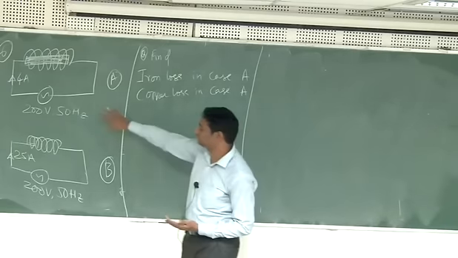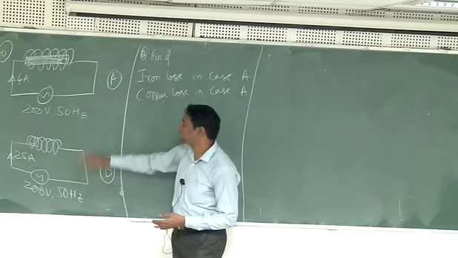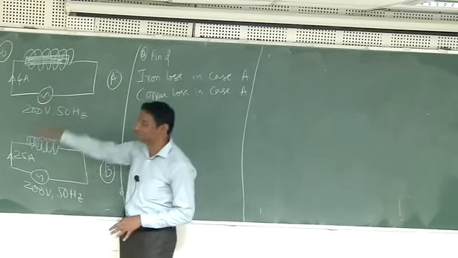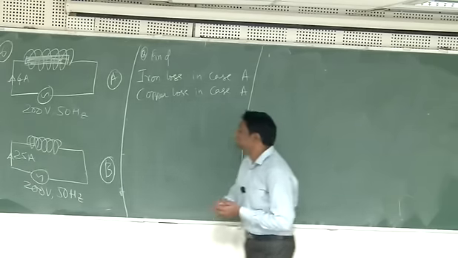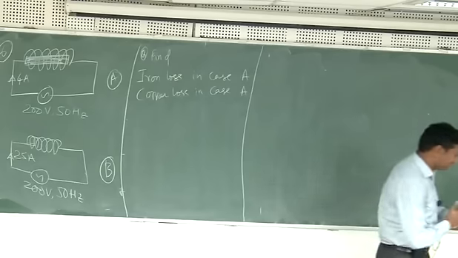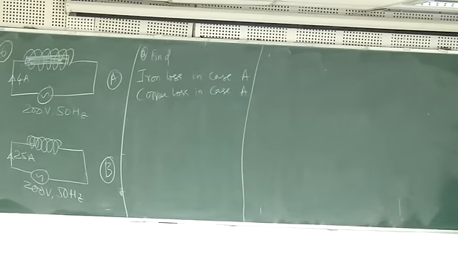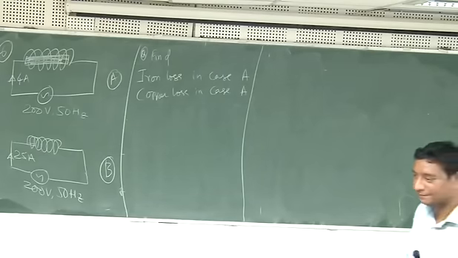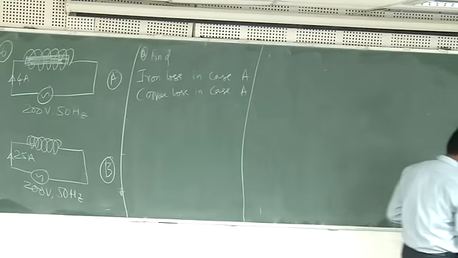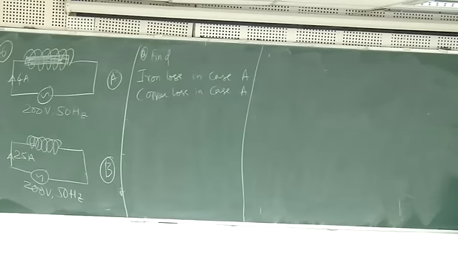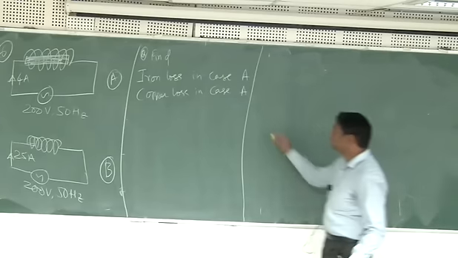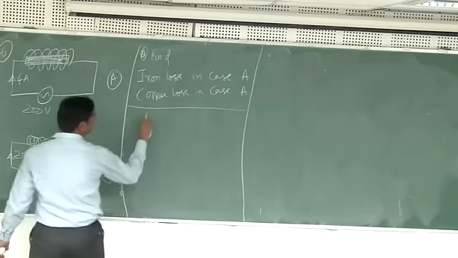I am giving a circuit like this: same supply, same frequency, same everything, only the current is increasing. So the questions are this. I'll give you a hint to help you. So the hint is like this.